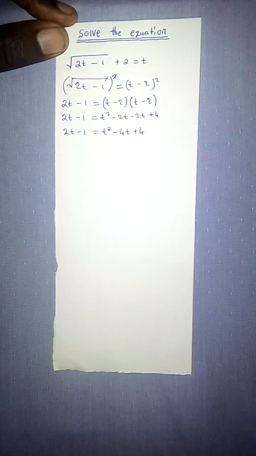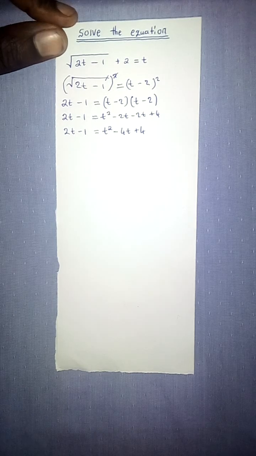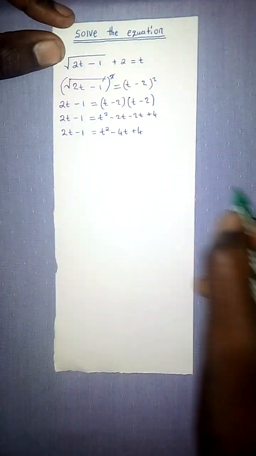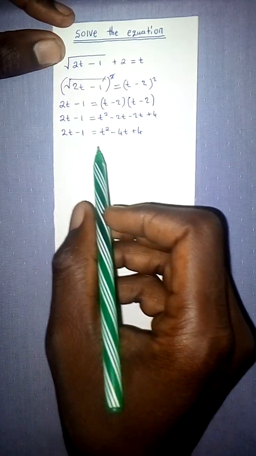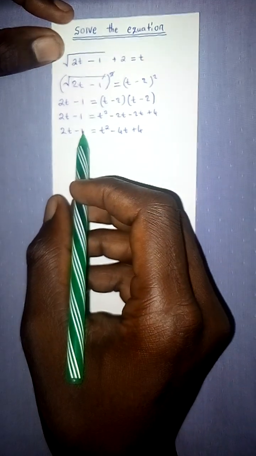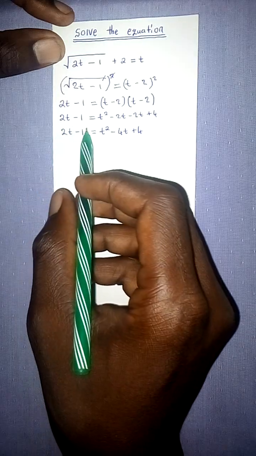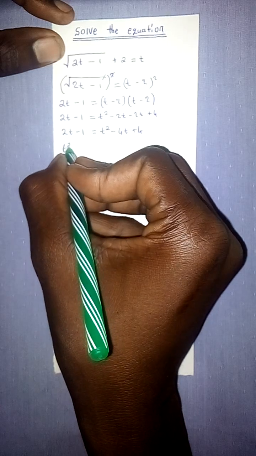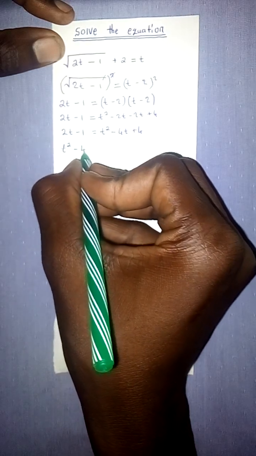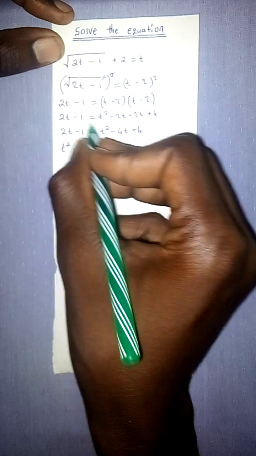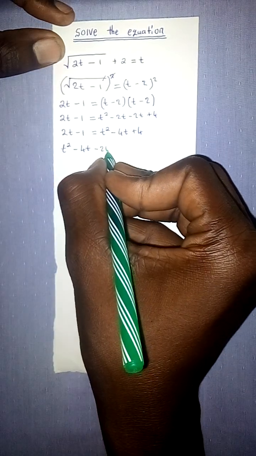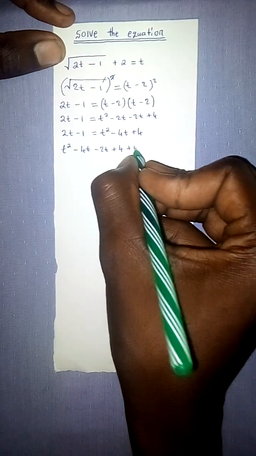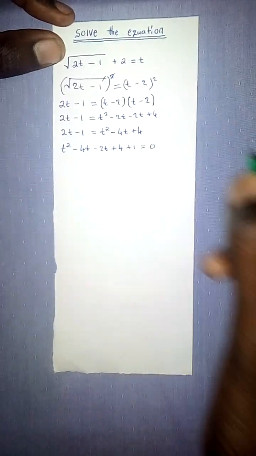Okay, from there what do we do? Well, from there we just group like terms together. In this case, I'm going to get all of these and take them to the other side, right? Therefore we have t squared minus 4t minus 2t plus 4 plus 1 being equal to 0.